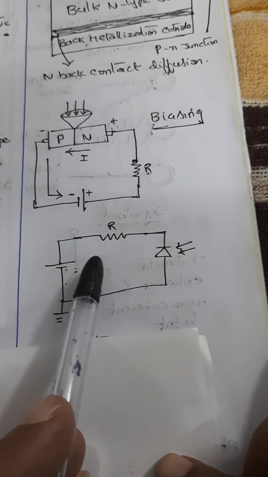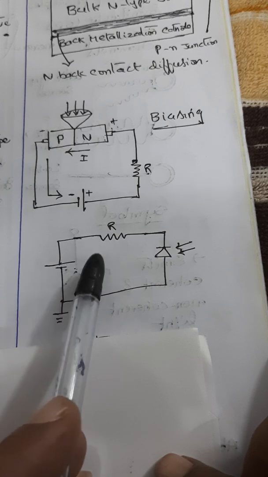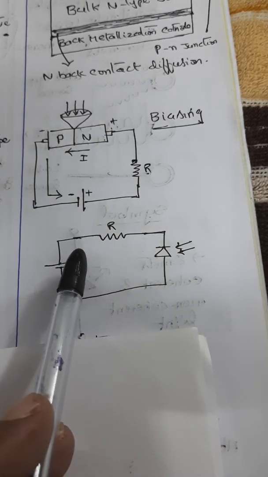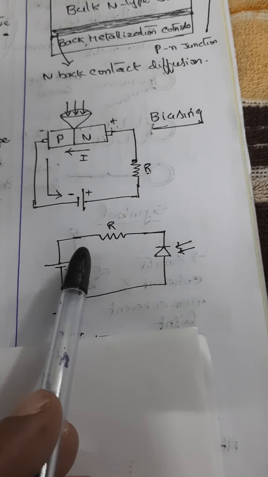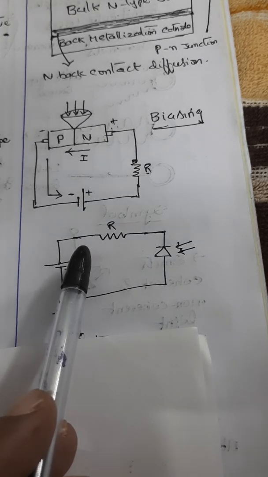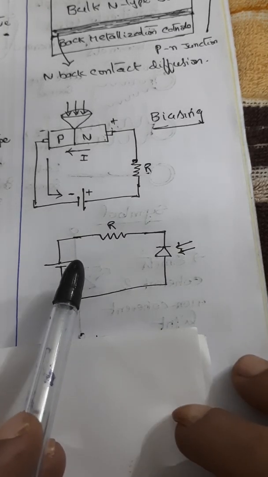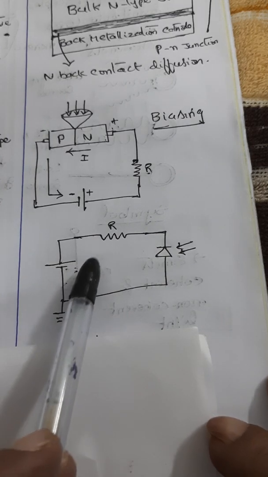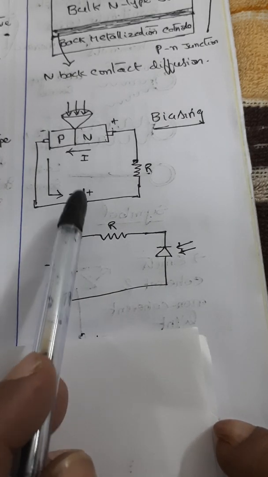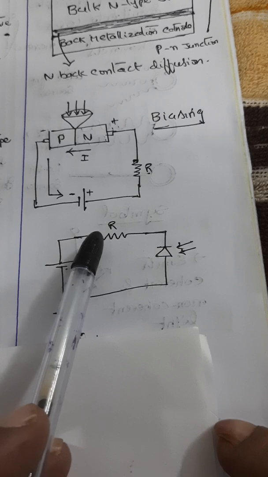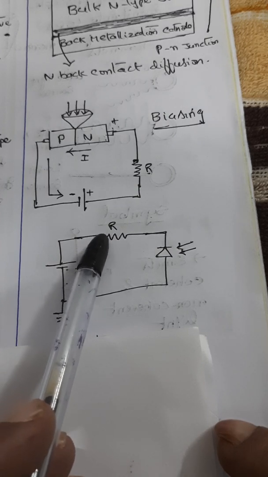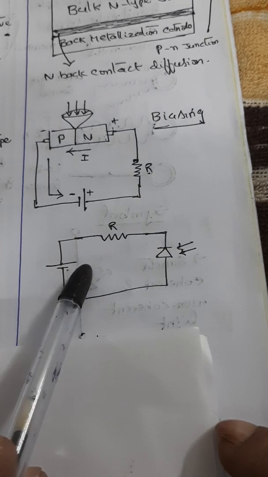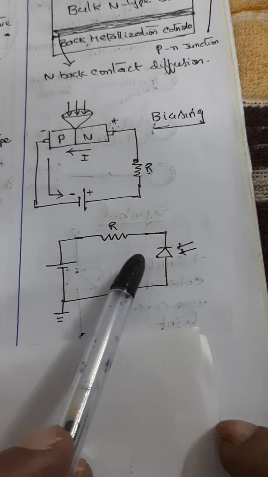Just like leakage current flows in a normal conventional diode, similarly dark current also flows in the photodiode device. That is very, very important. Based on that phenomenon, there are two different modes of operation for a photodiode. It is basically divided into two types: one is called photoconductive mode and another is photovoltaic mode.